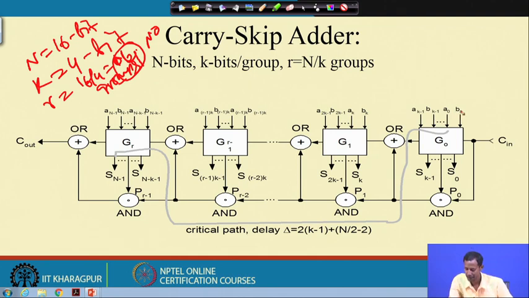Each of these groups will take A0 B0 to A3 B3, and here up to A0 and B0, and we get the sums S0 to S3.